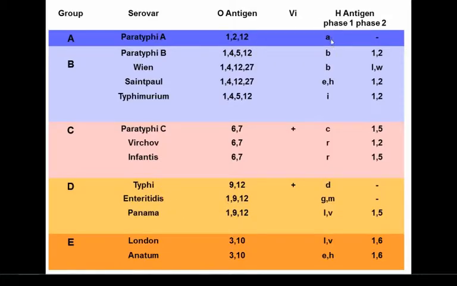And the H antigens pretty much define the subspecies. So H antigen phase 1, phase 2. Phase 1 is motile, so these bacteria have flagella. So this is the flagella antigen. And phase 2 is when they are non-motile. This is some other kind of protein on the surface. Don't have to worry about what it is. Phase 1, this is the flagellum.